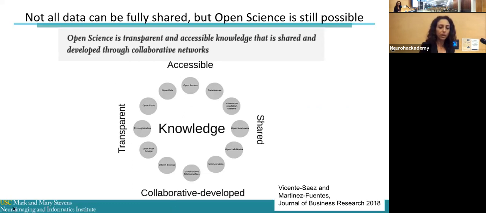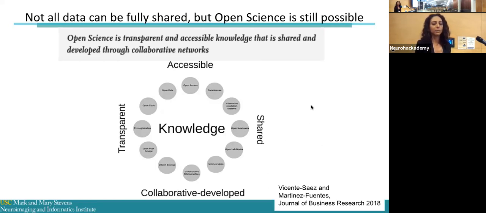I really like this definition of open science that was published in 2018. It's sort of a combination of different definitions that had been previously defined for open science, but basically they say it's a transparent and accessible knowledge that is shared and developed through collaborative networks.